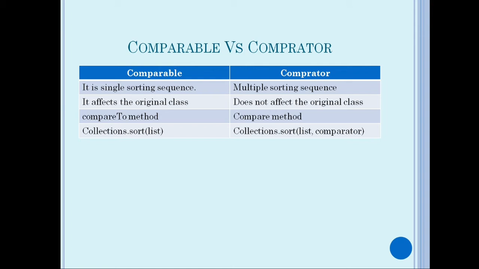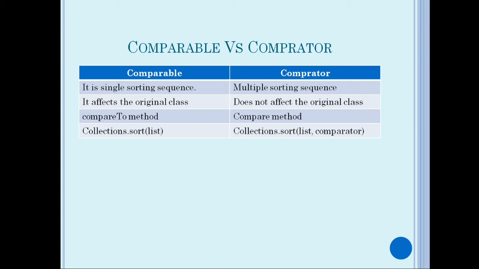On the other hand, comparator is a multiple sorting sequence. You create your own comparator classes. Let's say you want to compare by first name for one set or list, and for another set or list you want to compare the same object by last name or age. You can use a comparator because it's called multiple sorting.